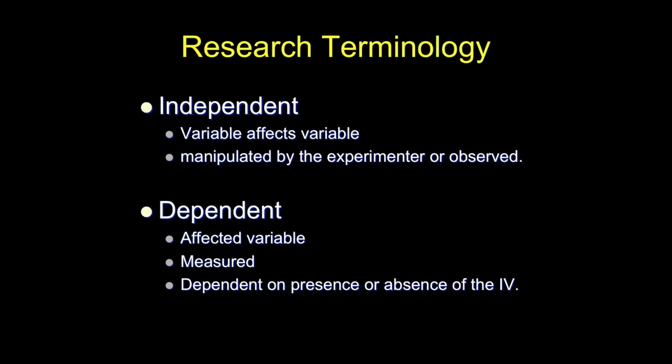That's what you're measuring, whereas the amount of amino acids would be the independent variable. So the dependent variable is dependent on the presence or absence of the independent variable.